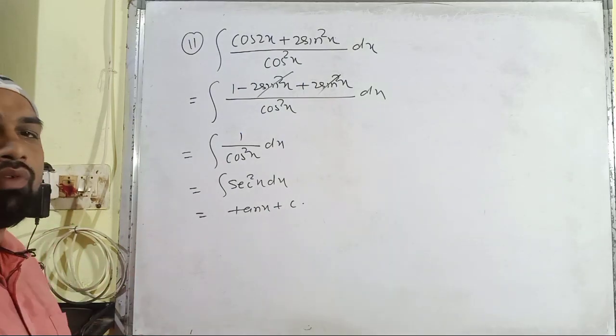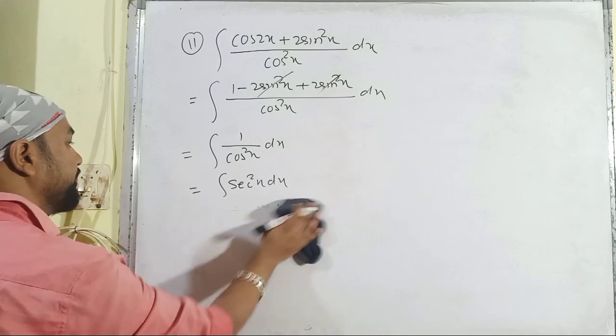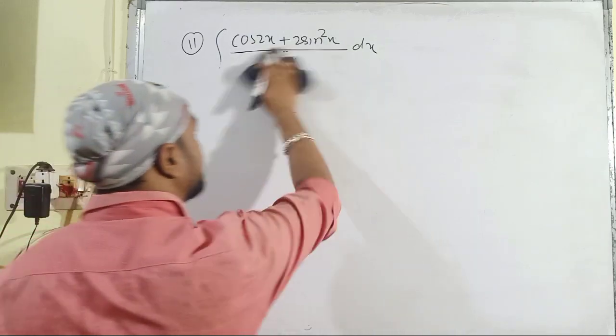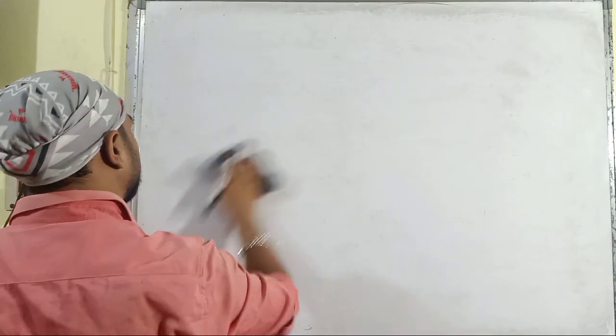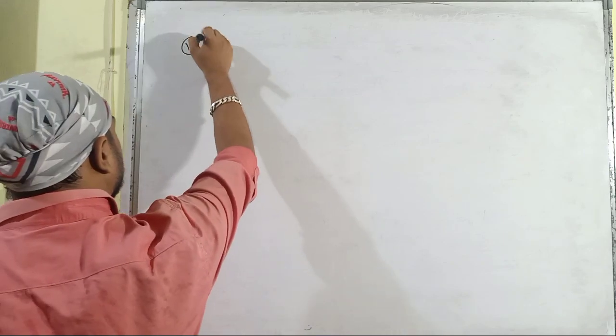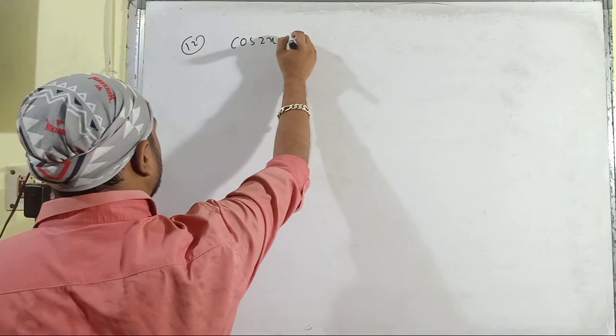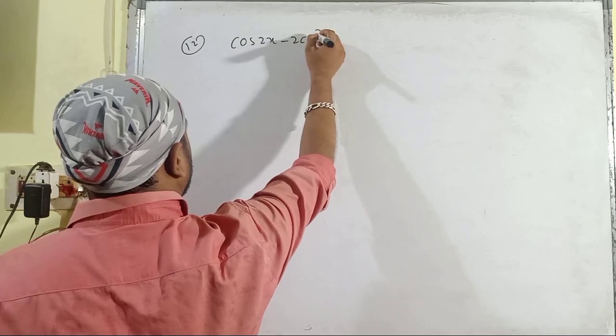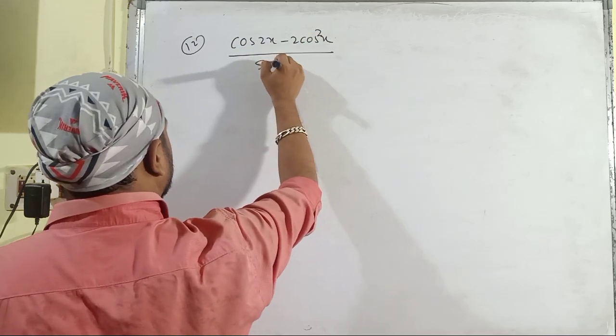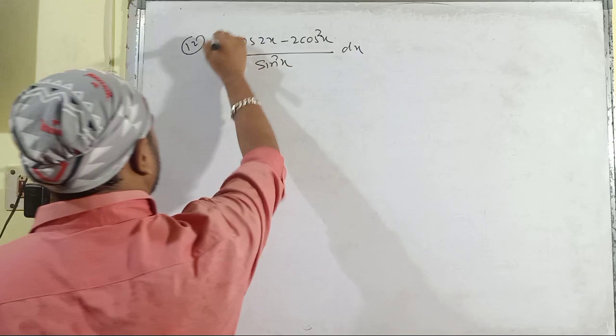Then moving to problem number 12, integral of (cos 2x minus 2 cos square x) divided by sin square x.